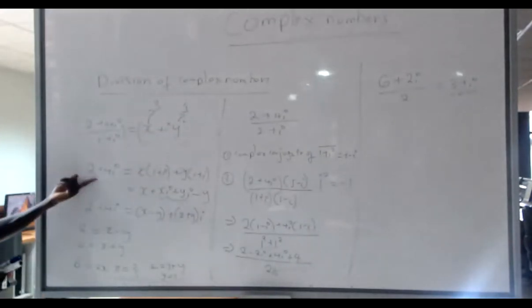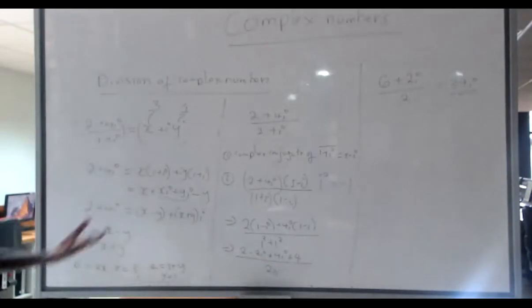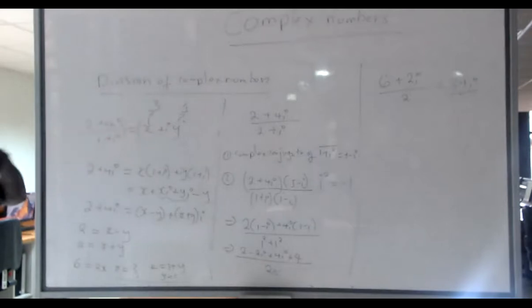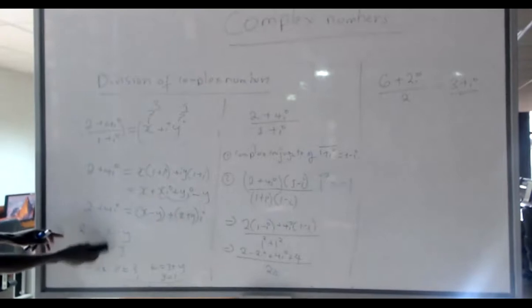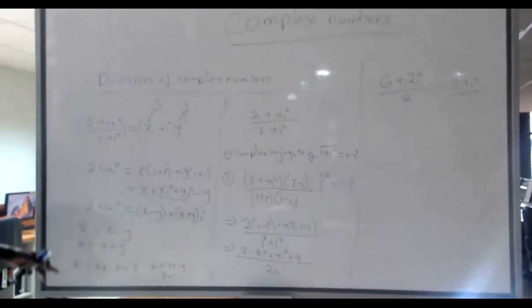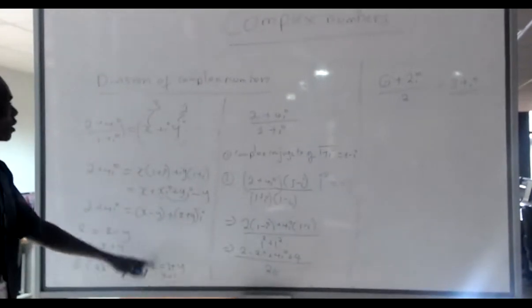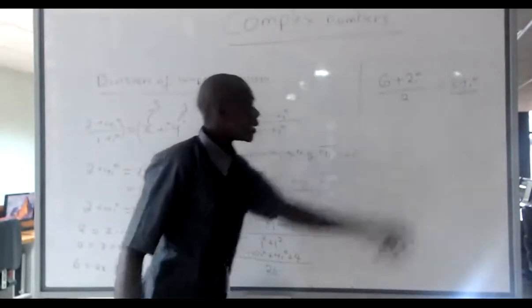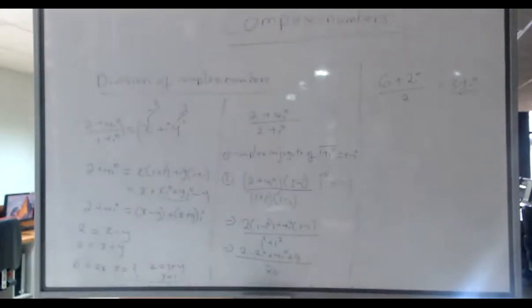By the property of complex numbers, two complex numbers are only equal if the real parts are identical and the imaginary parts are also identical. So with that, I come up with two simultaneous equations whose solutions are 3 and 1, which gives you 3 plus i, just as we had with the other method of dividing complex numbers.